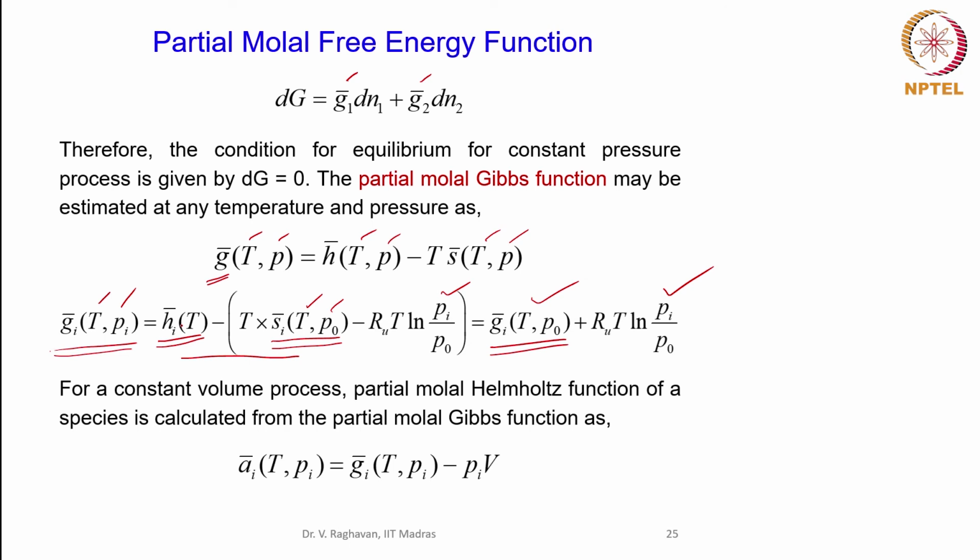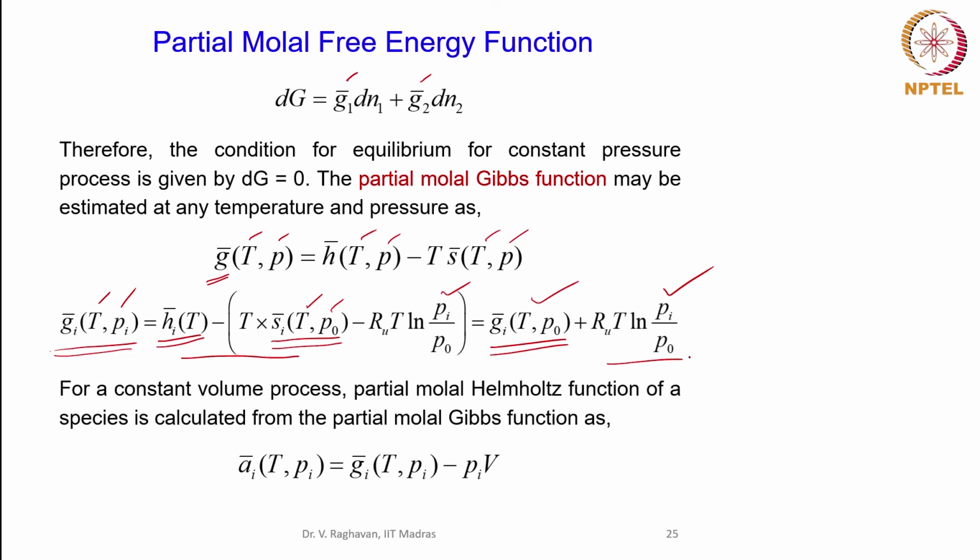Entropy also you can take from the tables and use that to calculate G. So, either way you can take the value of G at a given T, calculated at atmospheric pressure P naught. And the second term is obvious, you know the mole fraction of the particular species. From that you can calculate the partial pressure: mole fraction into total pressure will be the partial pressure. So, use that to calculate this. So, both temperature and pressure control the value of G.